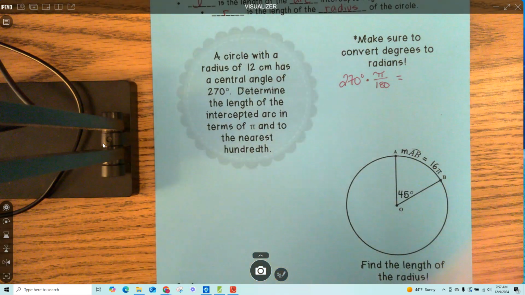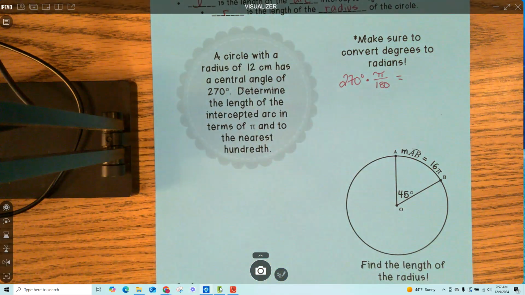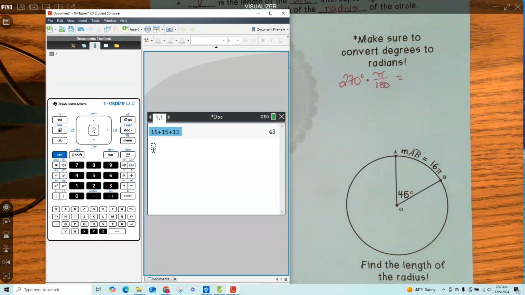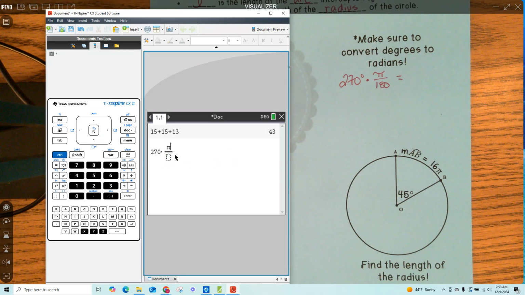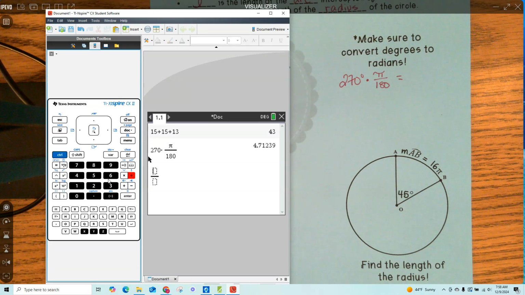If you type that whole thing into the calculator, 270 times pi over 180, it's going to give you a decimal, and we don't want that. What you can do is use just the numbers.